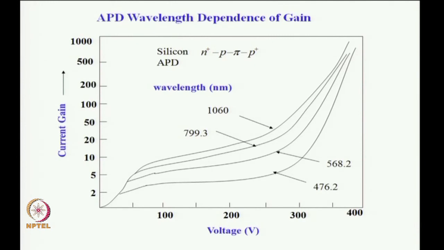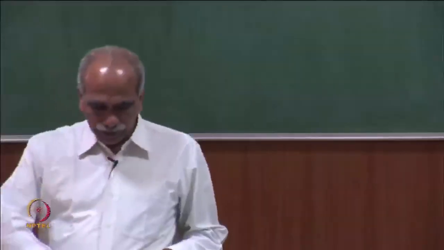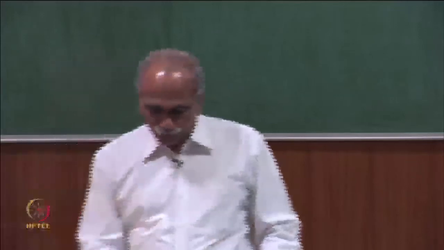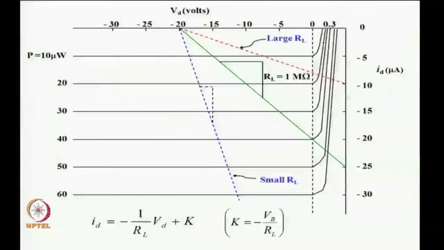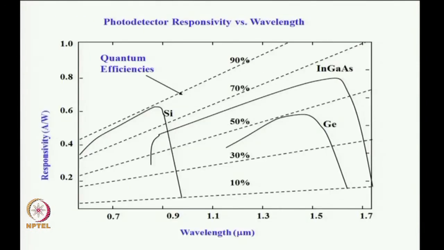the quantum efficiency. We know that the quantum efficiency of silicon, we have already seen this in one of the earlier curves, or maybe let me show right here. We have seen the quantum efficiency here.